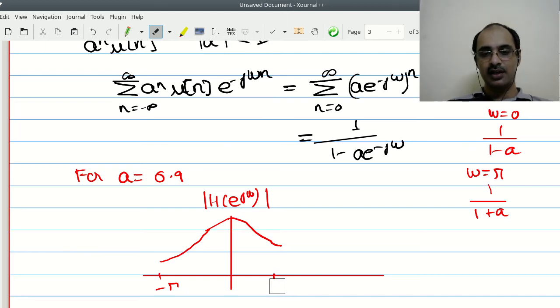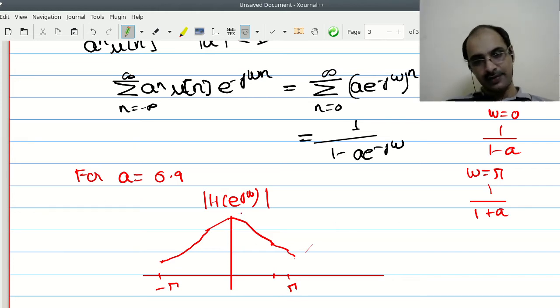It's not very well drawn, so it has to be symmetric. Okay, and there's a continuity. So again, the same value will start here, and again you'll get the periodicity. The value over here will be 10. The value over here will be 1 upon 1.9. Why? Because 1 upon 1 minus 0.9 is 10. 1 upon 1.9 is something close to half.